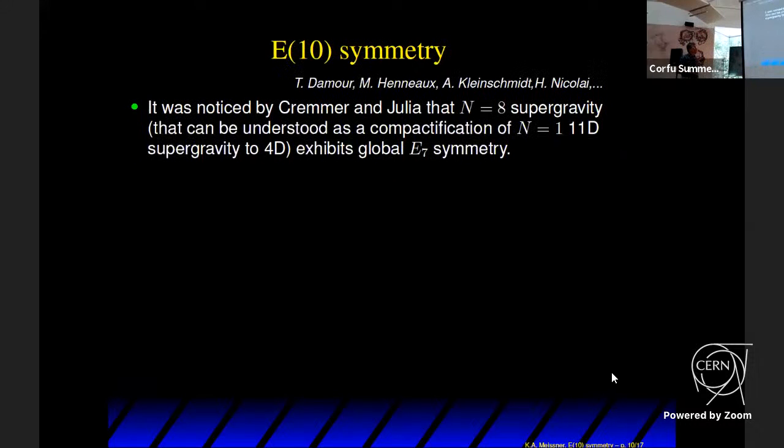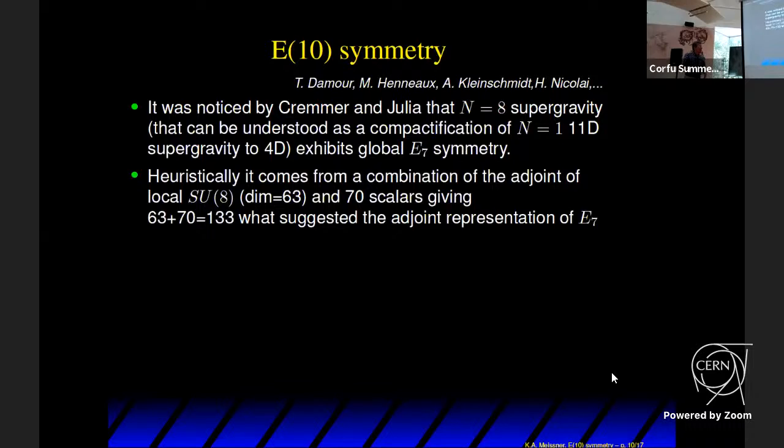Okay, so E10 symmetry. It was noticed by Cremmer and Julia at the end of the 70s that n equals 8 supergravity, which can be understood as a compactification of 11-dimensional n equals 1 supergravity to 4 dimensions, exhibits global E7 symmetry. Normally, one would expect SU8. We have 8 charges that we can rotate any way we like, but it's bigger. It's E7.